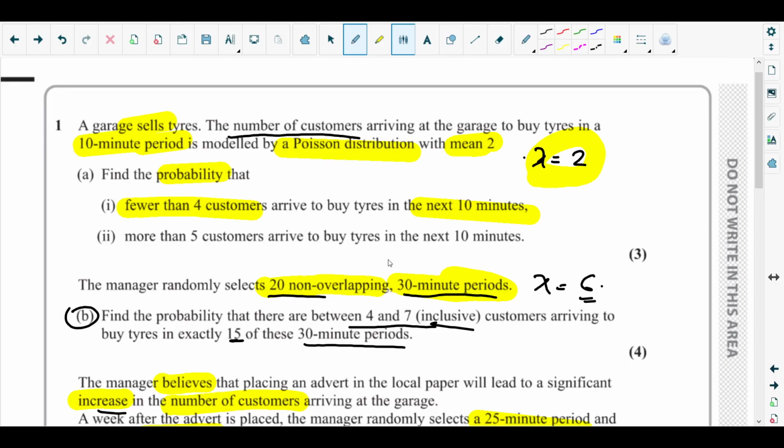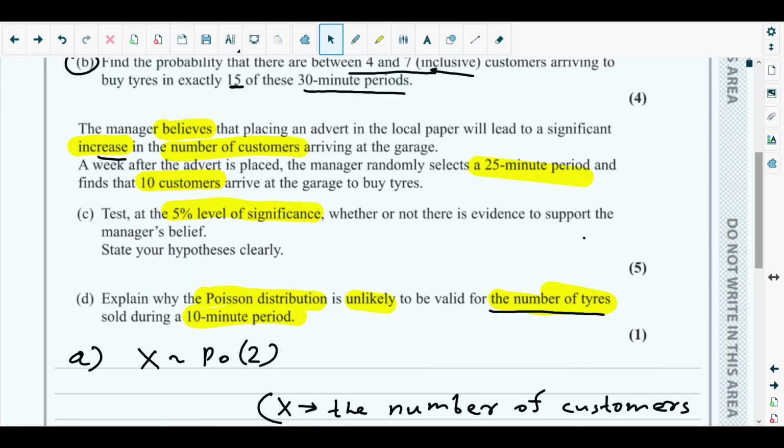Drivers who drive smaller cars will buy a lower number of tires. So all the drivers will not be buying the same number of tires, and the number of tires they are buying is unlikely to happen at a mean rate. So that's why it is unlikely to have a Poisson distribution.